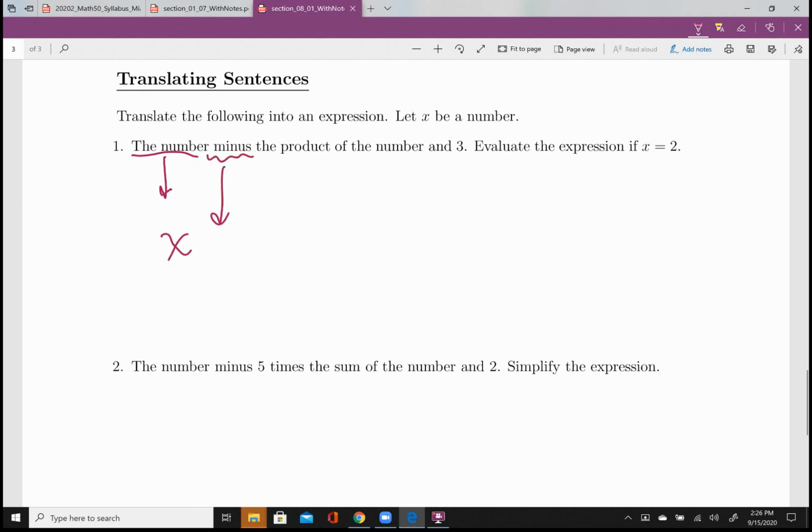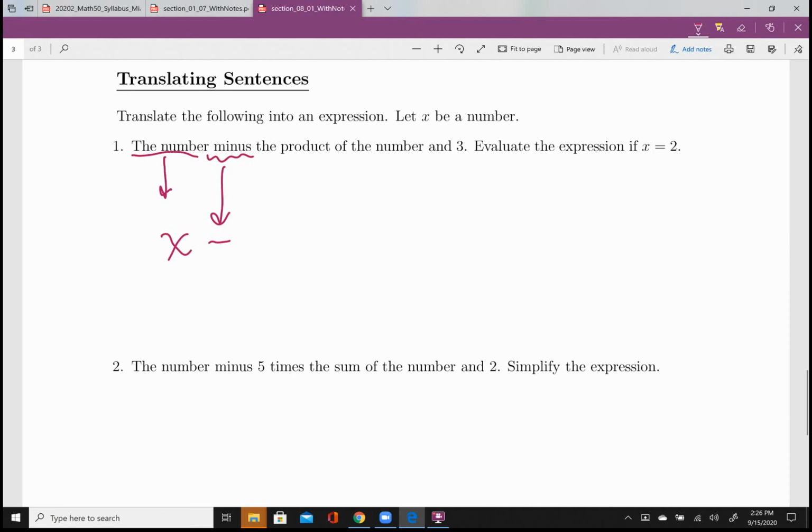That's an operation, and it's an operation where the order in which the things are given is intuitive to the translation. The only time that I've really seen in a lot of these examples where the order is reversed from what it's given is the phrase less than.